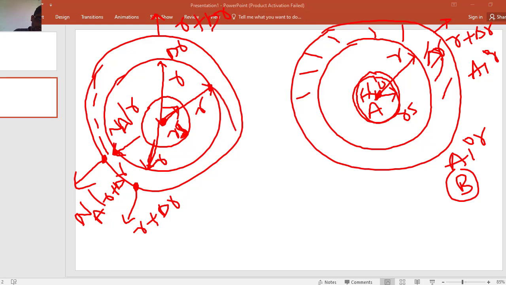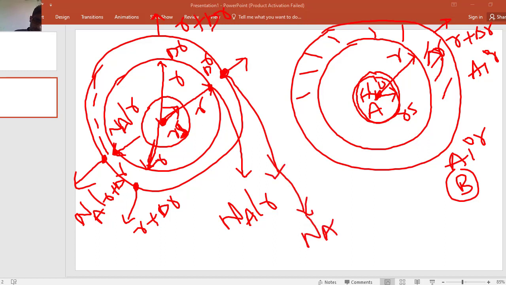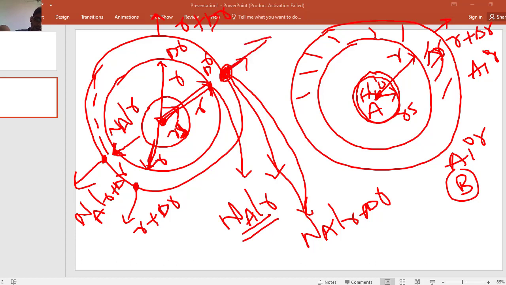Flux at this point is NA at R. This is the thickness, and the flux at this point is NA at R plus delta R. So the flux coming into the stationary layer is NA at R. The flux coming out from the stationary layer is NA at R plus delta R. So NA at R minus NA at R plus delta R is equal to 0.